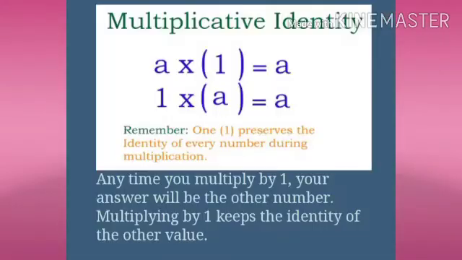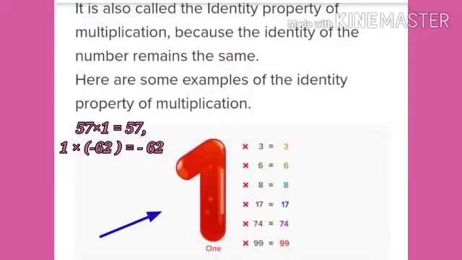In the addition of integers, we have learnt about an additive identity 0. Just as 0 added to an integer leaves it unchanged, integer 1 multiplied with any integer leaves the integer unaltered. For example, 57 into 1 is equal to 57 and 1 into minus 62 is equal to minus 62.